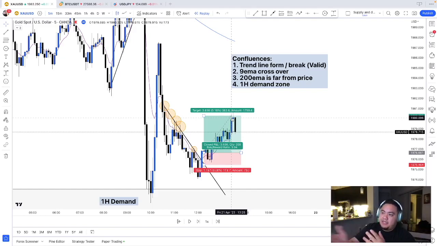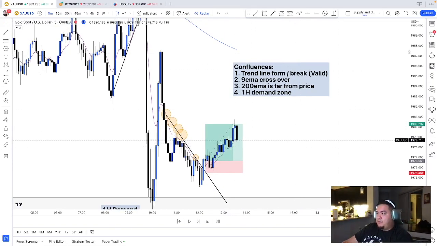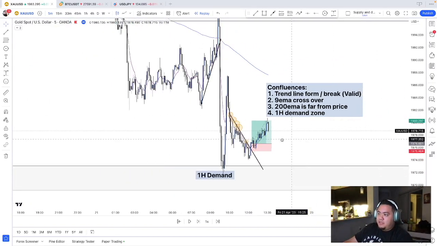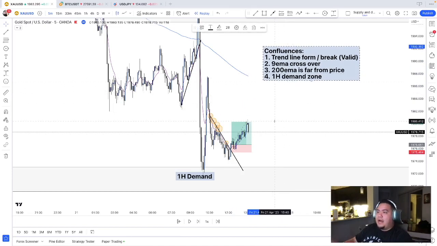But if I can get this every single day, or 2 to 3 times a week and I size up, then I'm happy with it, right? The setup that I look for has a high win ratio. And pretty much I play off the supply and demand. The higher the time frame, the bigger the moves. And when you're at a 1 hour demand, price tends to react at that place a lot of times.